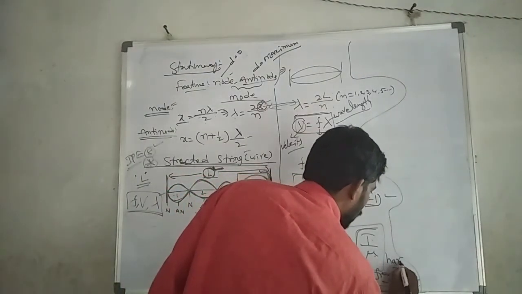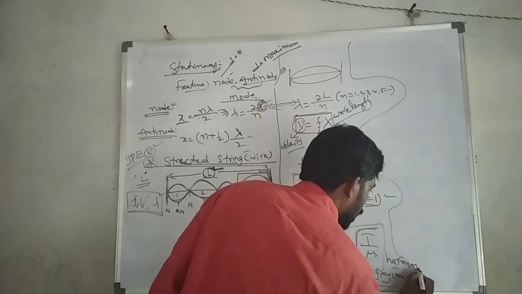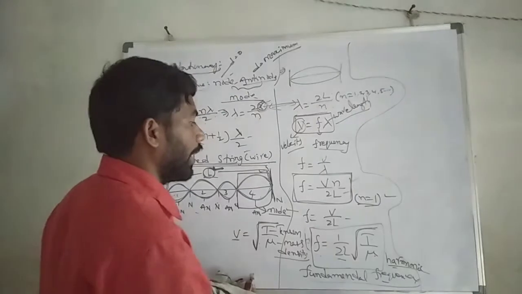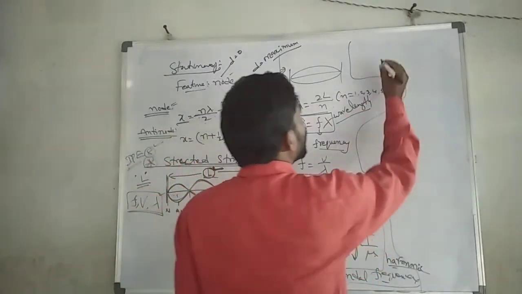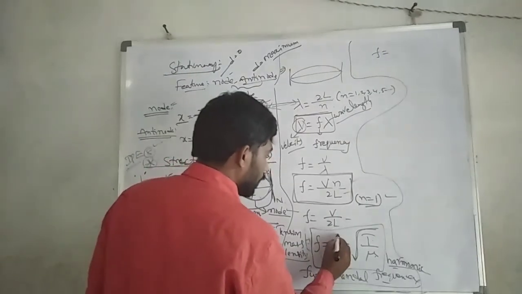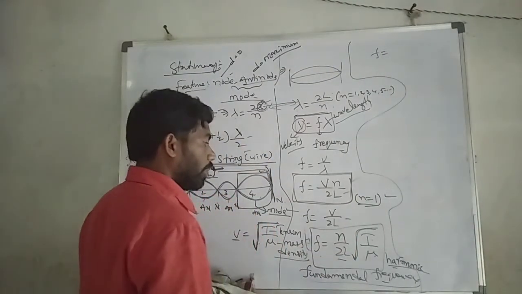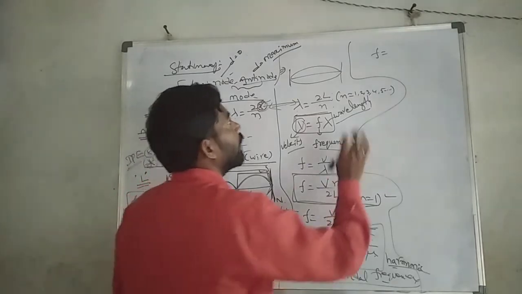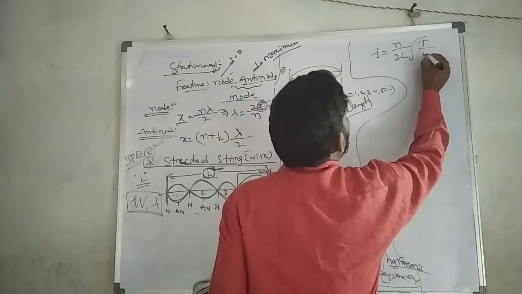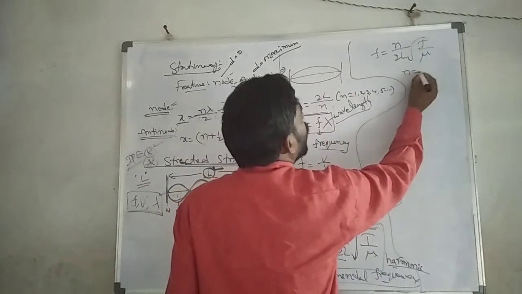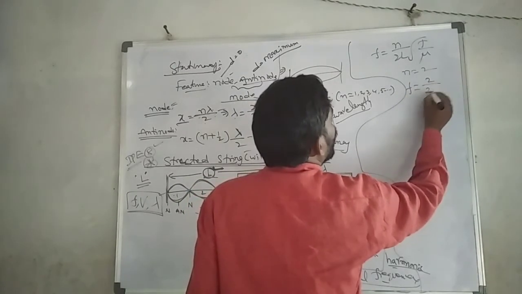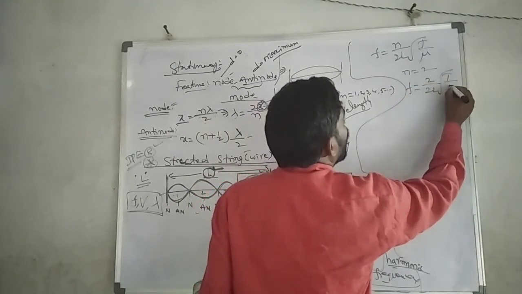In the same equation, frequency equals n by 2L times the root of T by mu. For example, take n equal to 2: frequency equals 2 by 2L times the root of T by mu.